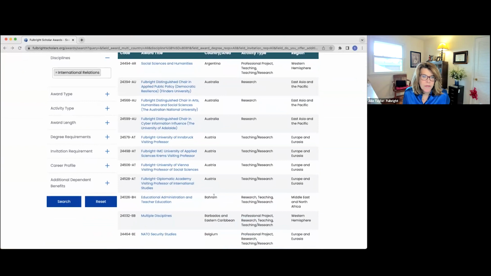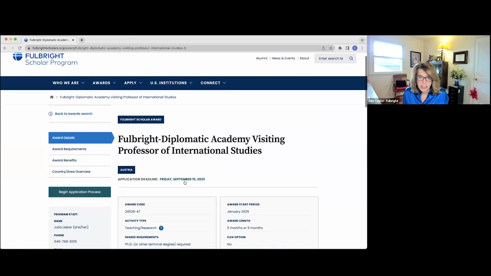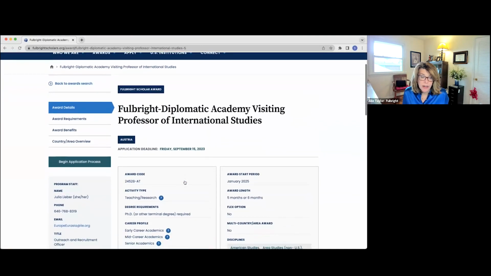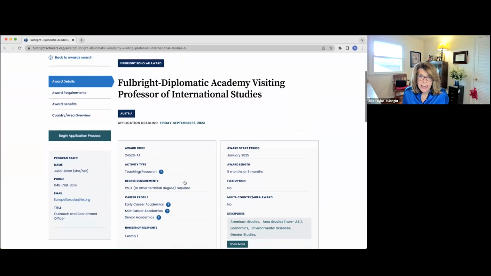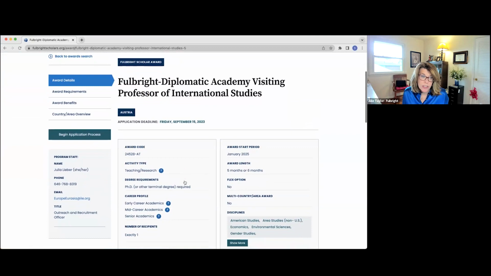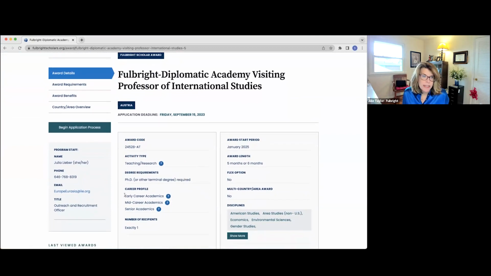There it is, right above here. So this one is teaching and research. That other one was just research. It too is for a semester, but if you notice, it is open to early career academics.